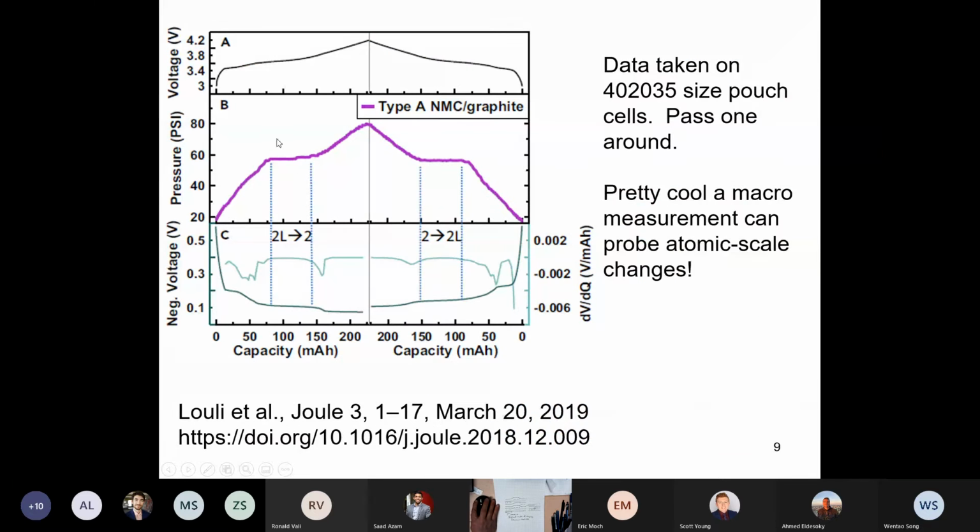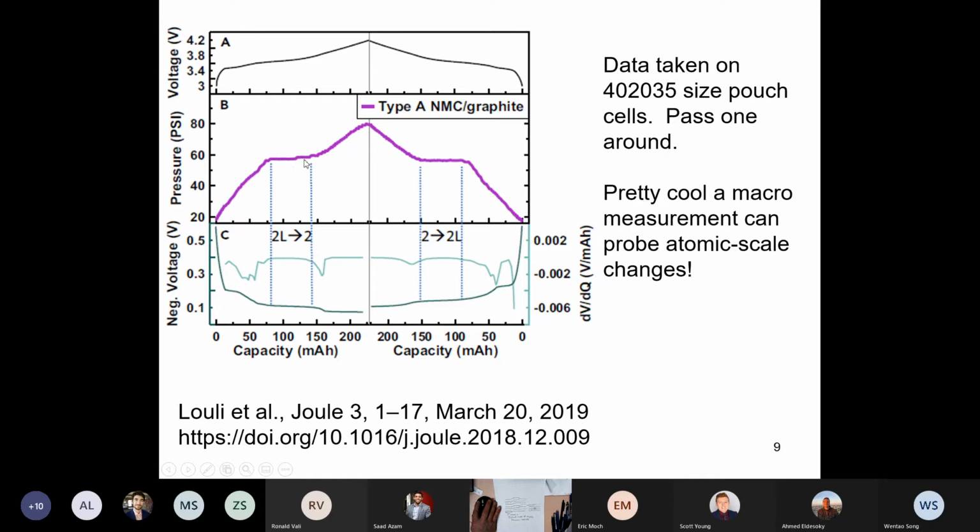Well, this is what it looks like. So this is the pressure, and this is the voltage of the graphite at the same time. Like I told you, you're in the 1' phase, then you go from 1' to 4, come down to 3, and this plateau is the stage 2 to stage 2L plateau. And here, the pressure of the pressure sensor doesn't increase at all because the thickness of the pouch cell doesn't change.